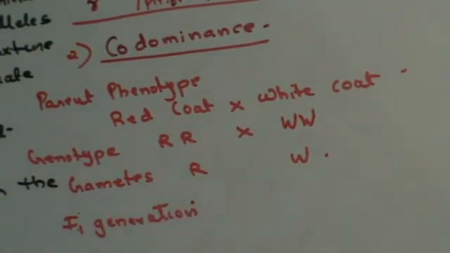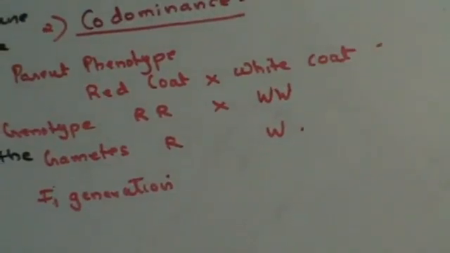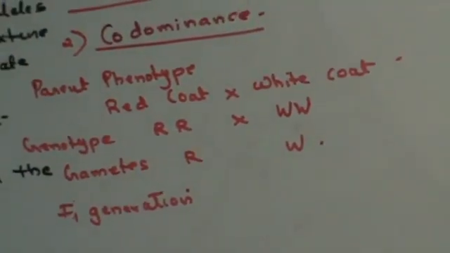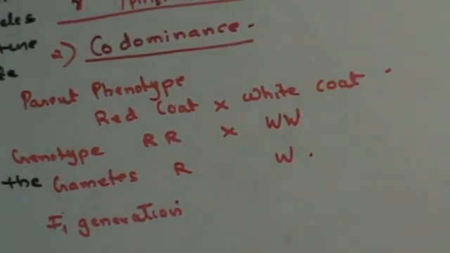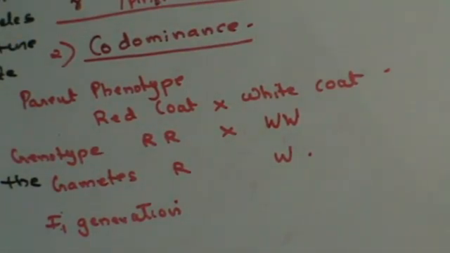either I should have red color or white color if I use Mendel's law. If I use incomplete dominance, I should have pink color, but that is not true. What I get here is a cattle which has a coat of both red as well as white. Both the characters completely show themselves in the F1 generation.